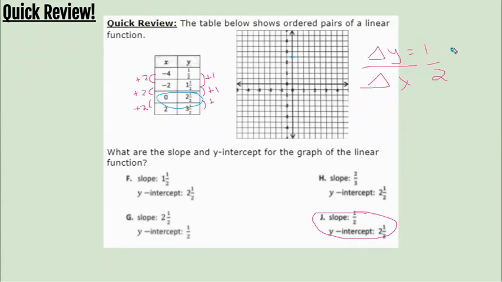That means I'm going to rise 1 and run 2, and then I will draw a line. My line is not going to be that straight, but you're going to use a straight edge to make sure your line is straight. And that's what our line would look like.